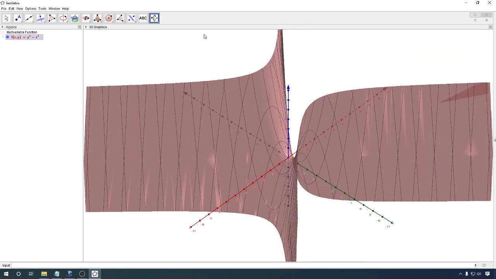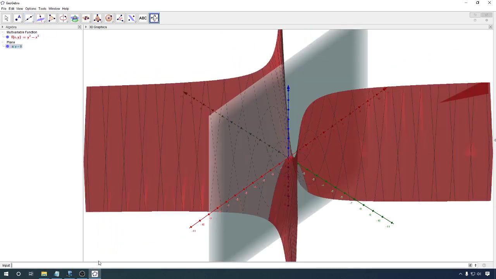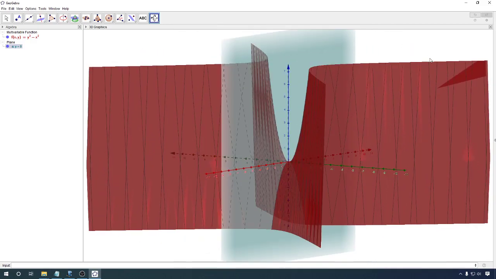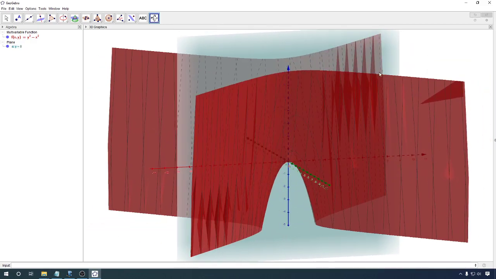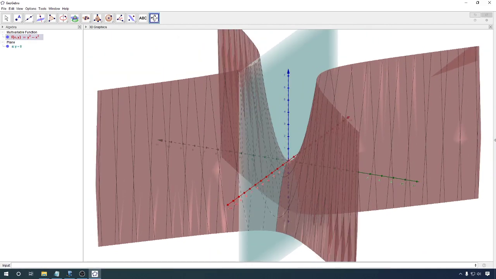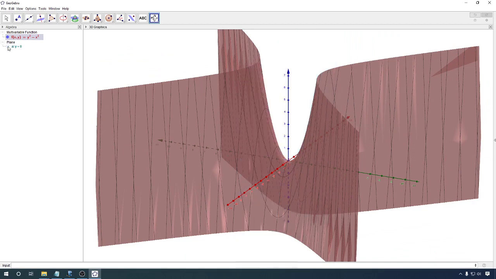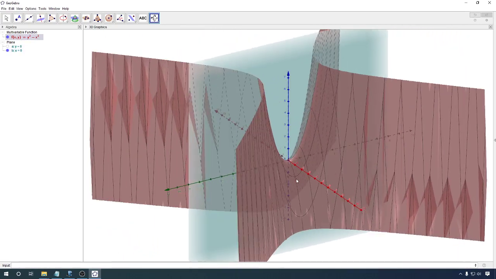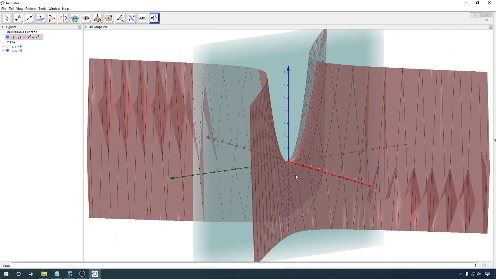In fact, if we take the cross section, let's do y equals 0 first. If we take the cross section there, it's pretty easy to see that 0, 0 is the top of a parabola. It is a maximum there. If we look in the other direction, where x equals 0, now we see 0, 0 as the bottom of a parabola.